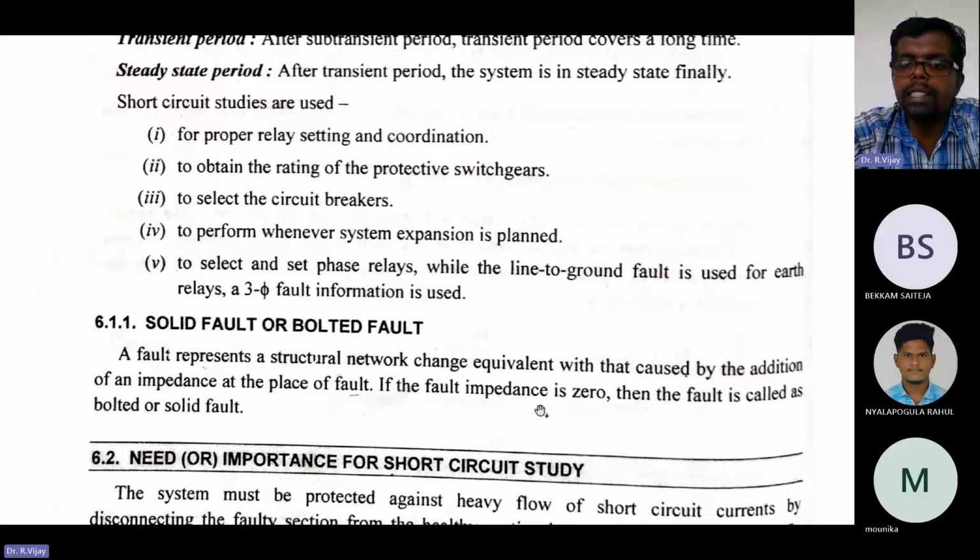If the fault impedance is zero, then the fault is called a bolted fault or solid fault.